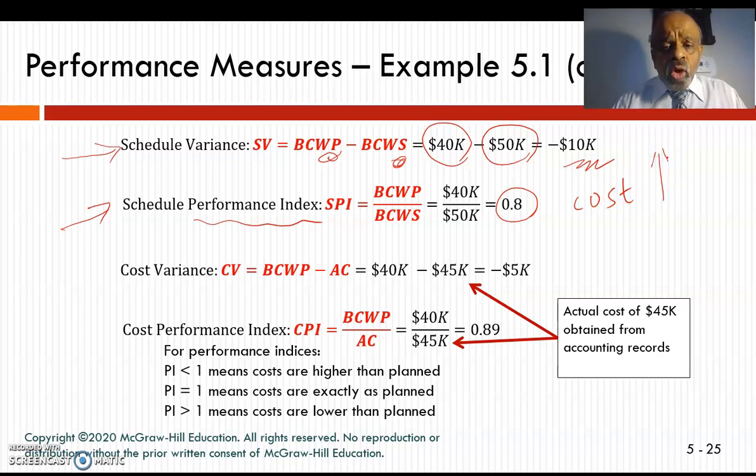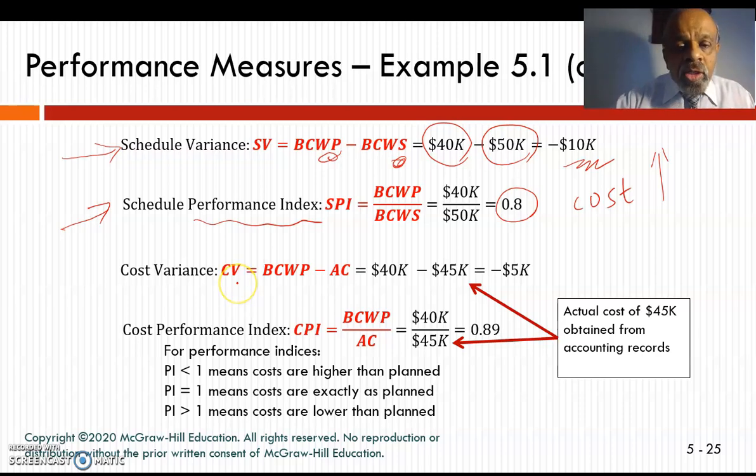So the SPI, the schedule performance index, is equal to the budgeted cost of work performed over the budgeted cost of work scheduled, which is 40,000 by 50,000, which is 80% or 0.8. So your costs are actually higher than planned. Is it good or bad? Yes, that is bad.